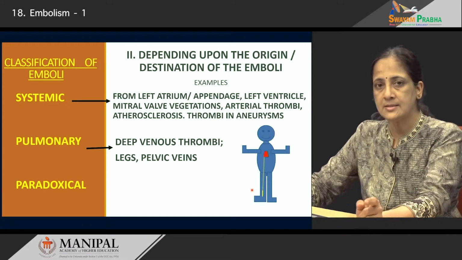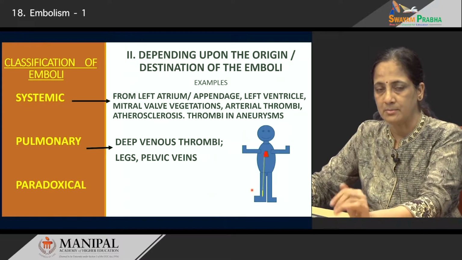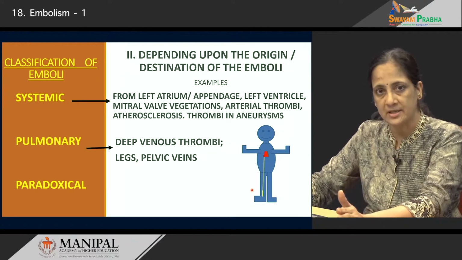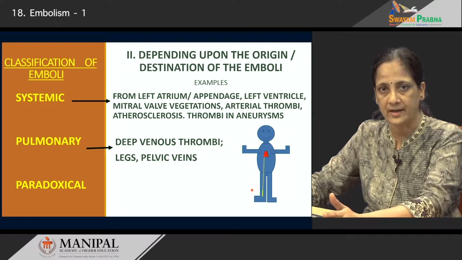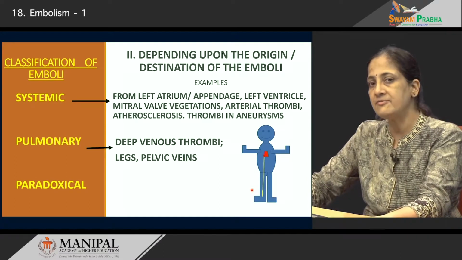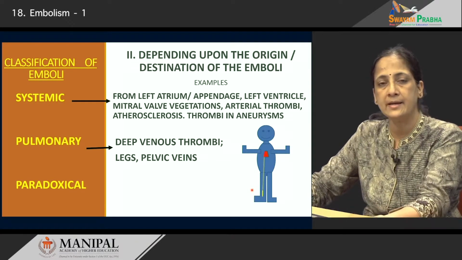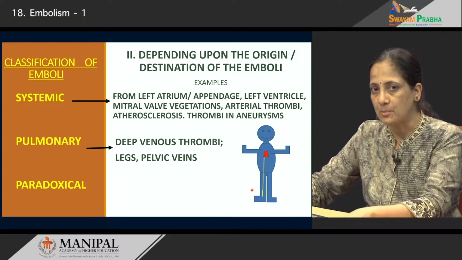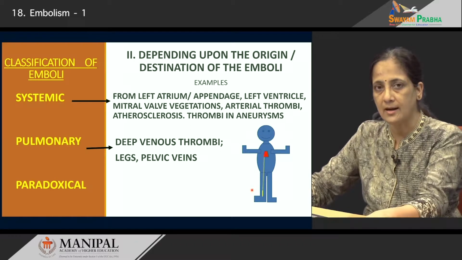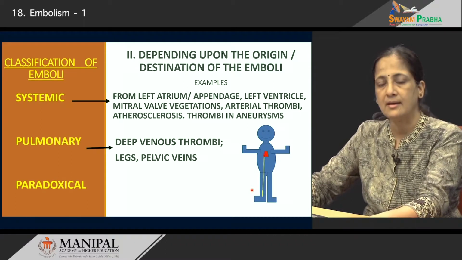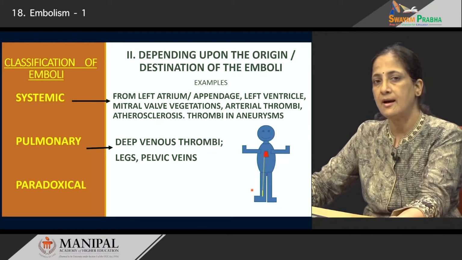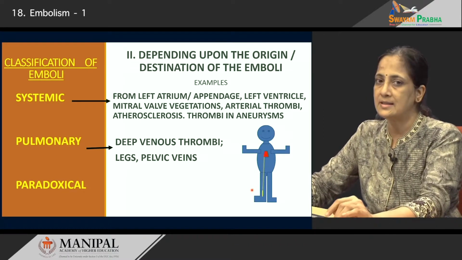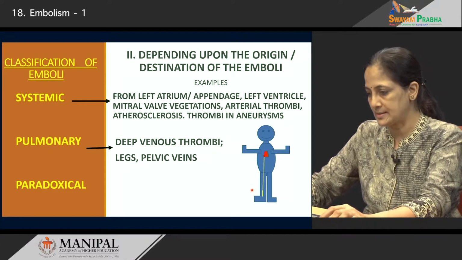It bypasses the pulmonary arterial bed, but goes through a patent foramen ovale or an atrial septal defect or a ventricular septal defect, enters the left side of the heart and then is carried into the systemic circulation. So, a venous embolus passing through the heart, bypassing the lung and gaining access to the arterial circulation or the systemic circulation is known as a paradoxical embolus.